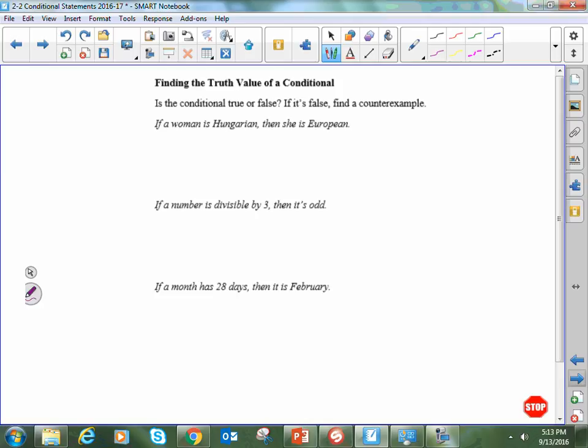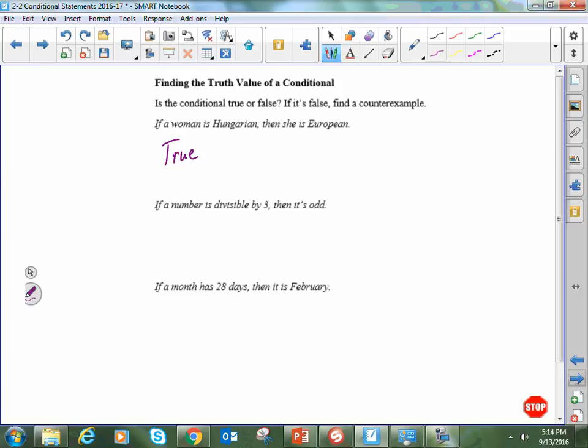All right. So here, looking at the first one, if a woman is Hungarian, then she's European. Well, that's actually true. Hungary is a country in Europe, so if a woman is Hungarian, then she will be European also. If a number is divisible by 3, it's odd. That is very false. Let's say 6 divided by 3.